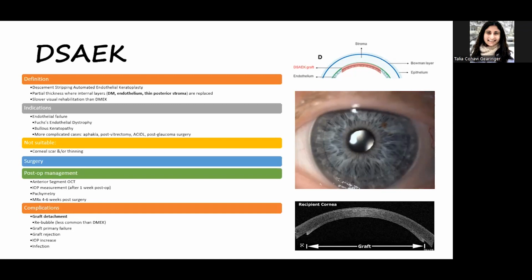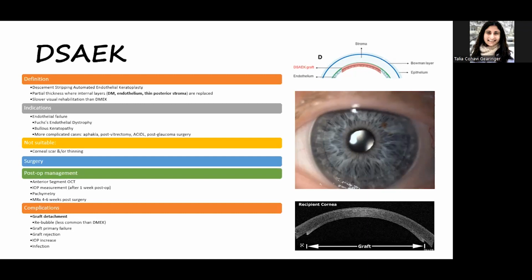So it's a little bit of a thicker transplant. And what's the difference between the DSEK and the DMEK is that the DSEK has a slower visual rehabilitation than the DMEK, and usually the visual outcome is slightly lower than the DMEK.